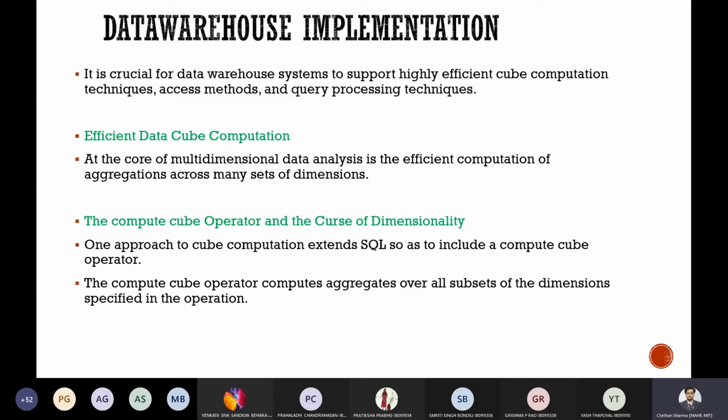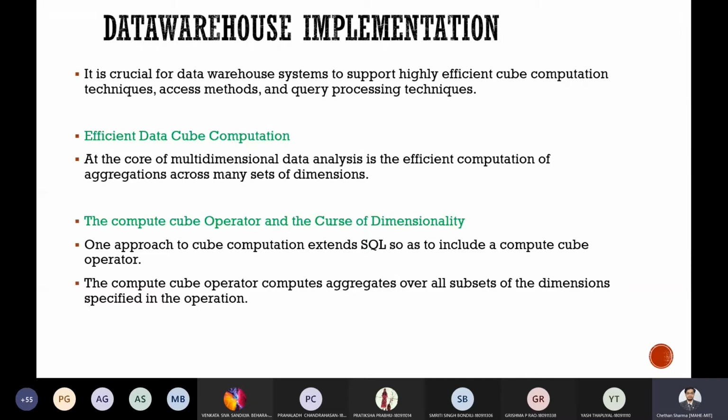The first thing we'll see is the compute cube operator and something called the curse of dimensionality. The compute cube operator computes aggregates over all subsets of dimensions specified in a particular operation.